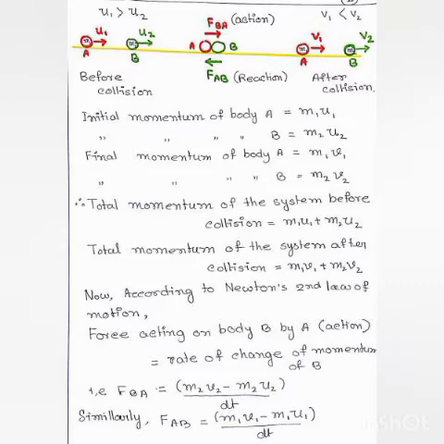And similarly, FAB, that is the force acting on body A by B, which is the reactional force, is equal to the rate of change of momentum of body A. So, FAB is equal to (m1v1 minus m1u1) by dt.